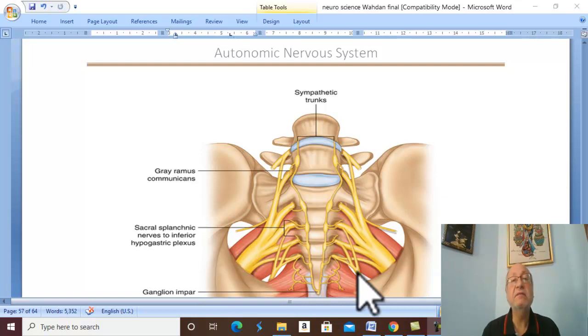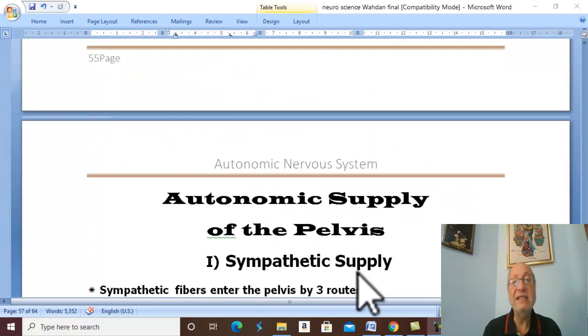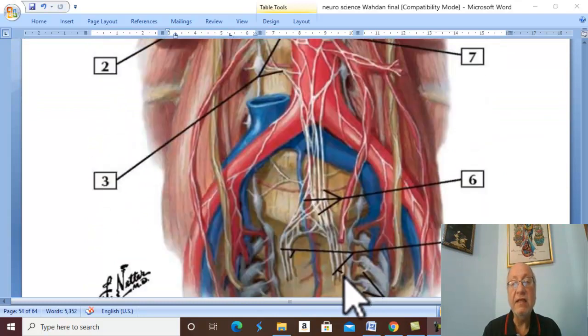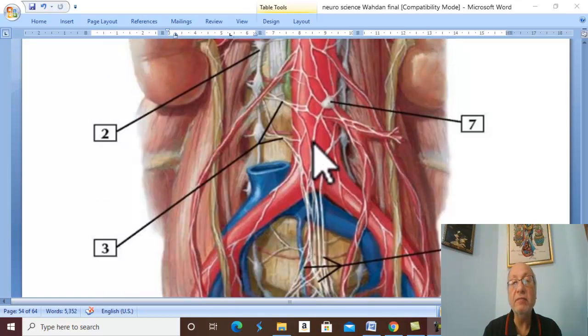Actually, what do the fibers in the pelvic splanchnic nerves supply? They send ascending fibers in the hypogastric plexuses to the aortic plexus and to the inferior mesenteric plexus.